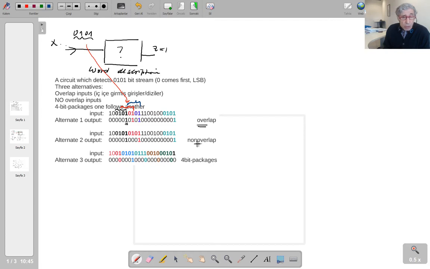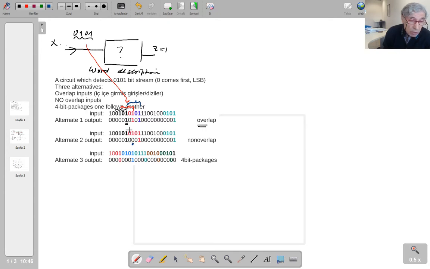So the second one is the non-overlap one. That means when you detect the sequence that you're looking for, you're going to find out a new sequence including all new bits. So you're going to ignore the first one and continue on the second one. So this is this one. If you don't detect the overlapped one, you're not going to see 1 in that position here.